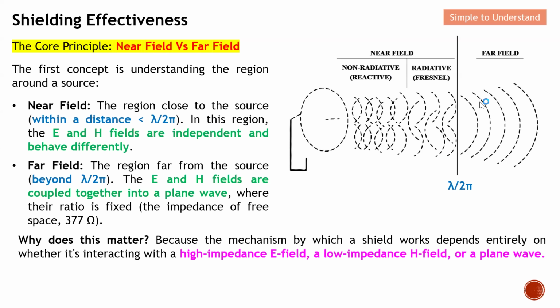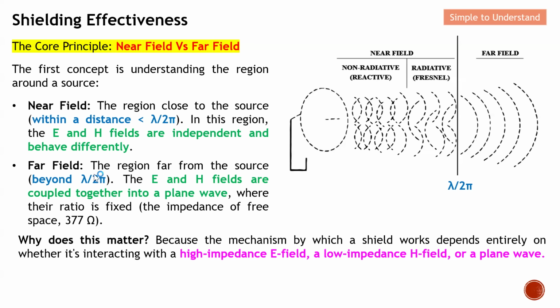In short, when it is near field, it is mainly dominated by either the E field or H field. They are independent, as you can see from here. The E and H fields are independent and they behave differently. E will have high impedance while H has low impedance.